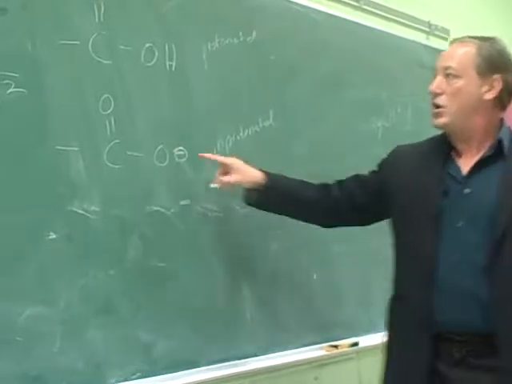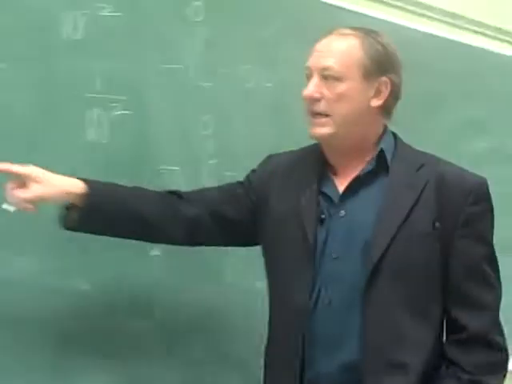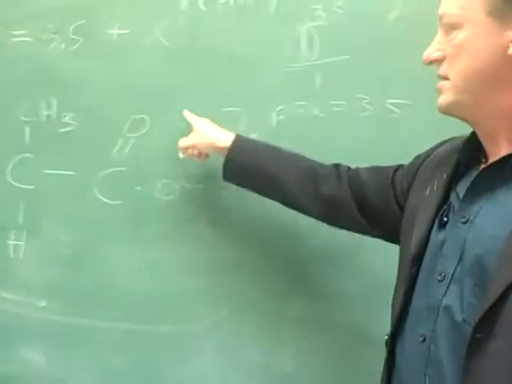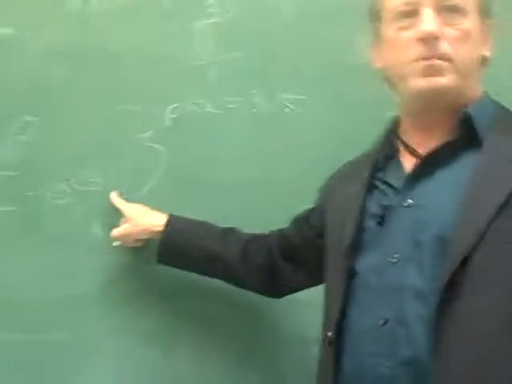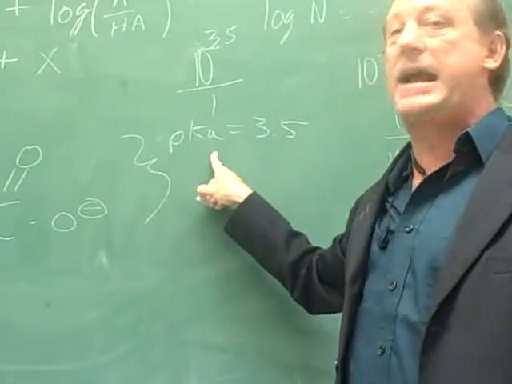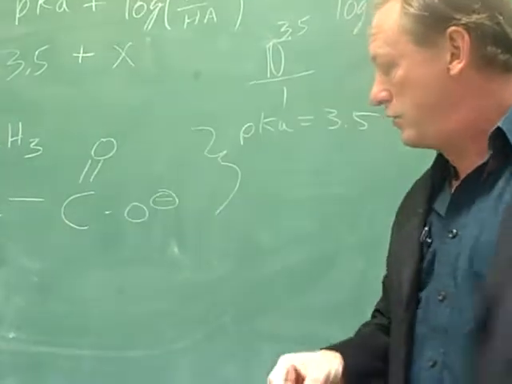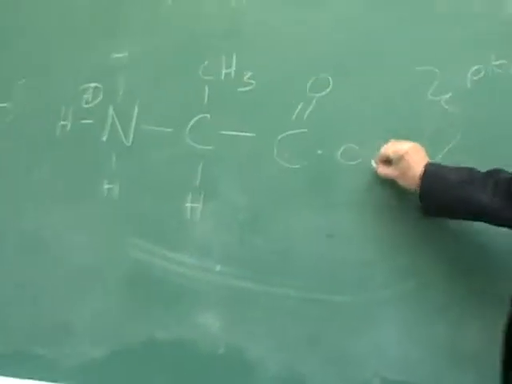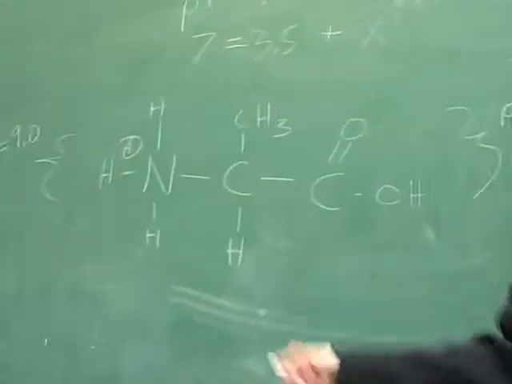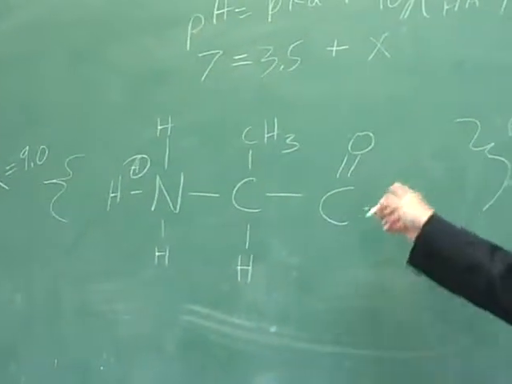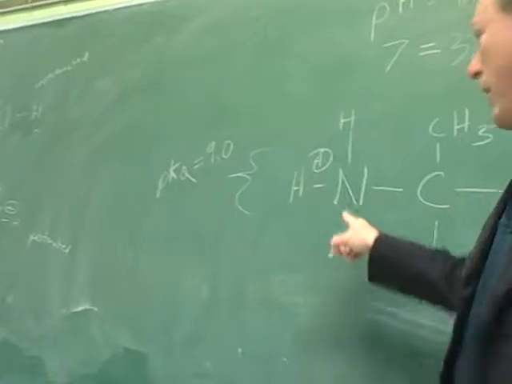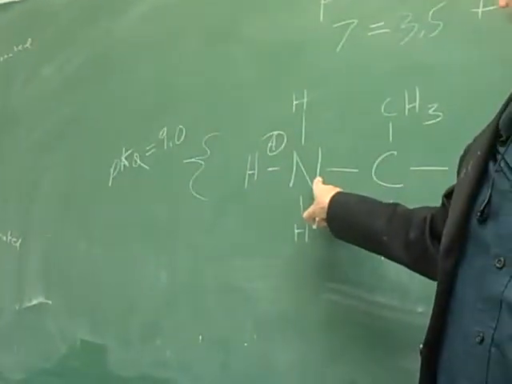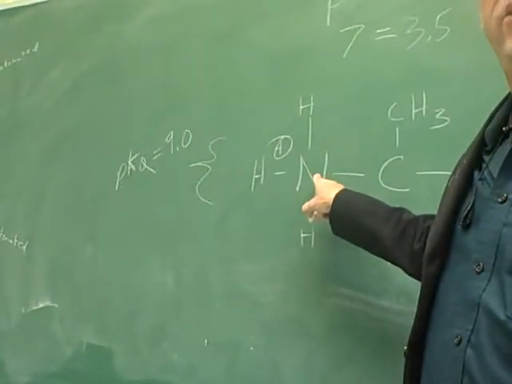Whenever you're looking at how I've drawn this, I'm assuming a certain pH. When I tell you the pKa and the pH, all you're trying to figure out is whether it's an O negative or an OH. On this side, you're trying to figure out if there are 3 hydrogens or 2.